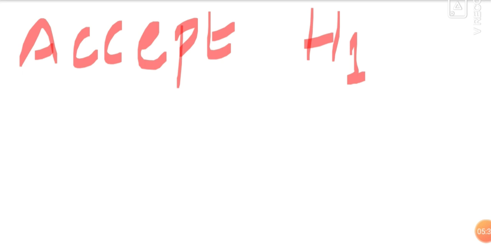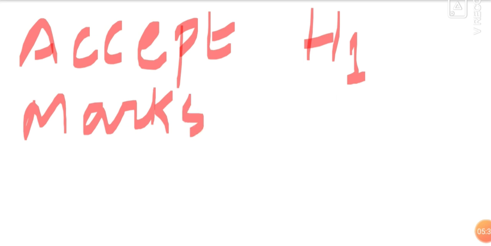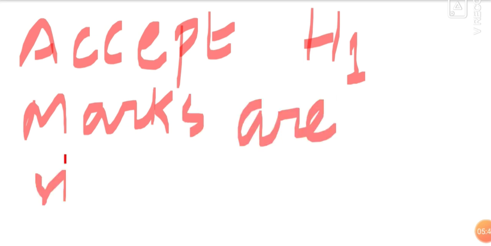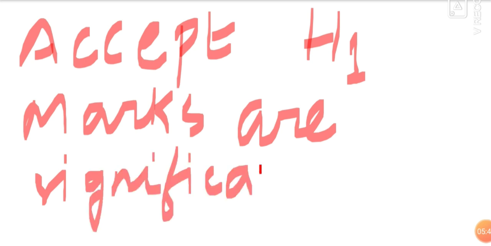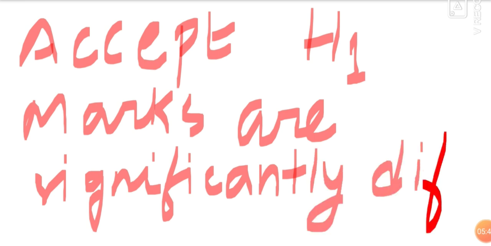So it means that marks are significantly different.